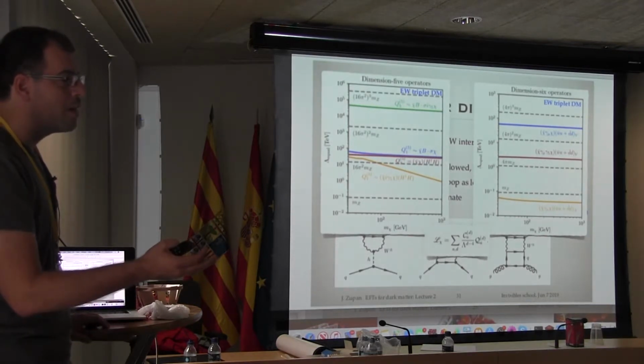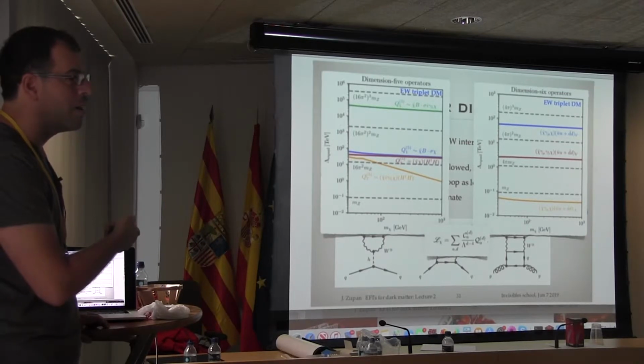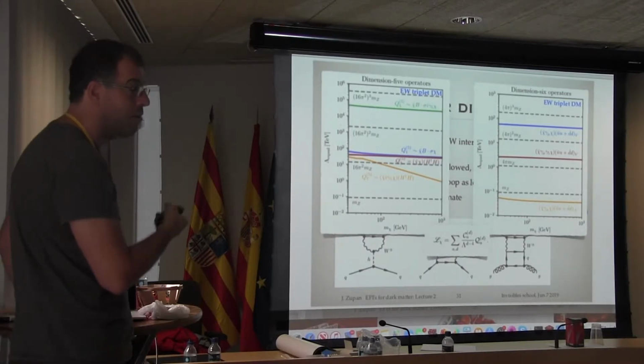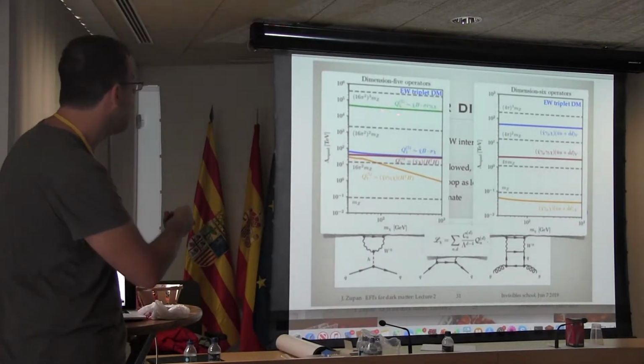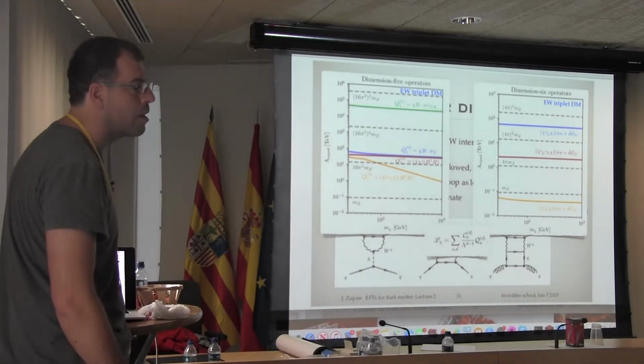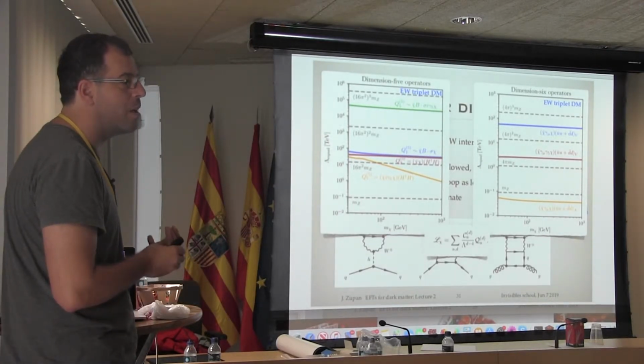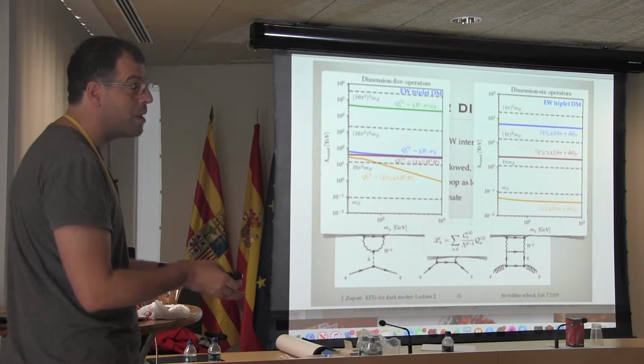I think it would be quite nice to know how easy it would be, and I think it would be very easy, to write down a complete model where you would have an enhanced direct detection cross section. That would be important because, let's say you discover minimal dark matter and you want to know whether it is minimal dark matter.